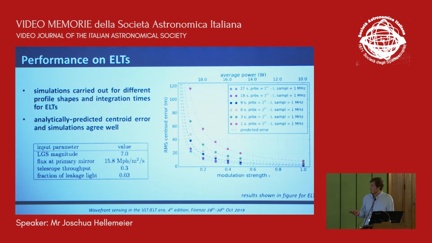The dots represent results from the simulation, the different colors are different integration times, and the dashed line is the error predicted by the analytical calculation. You can see that the simulation and the analytical calculation agree well. As parameters, we used a laser guide star of 7th magnitude, a telescope throughput of 30%, and 3% of leakage light. And this is a result for the ELT.